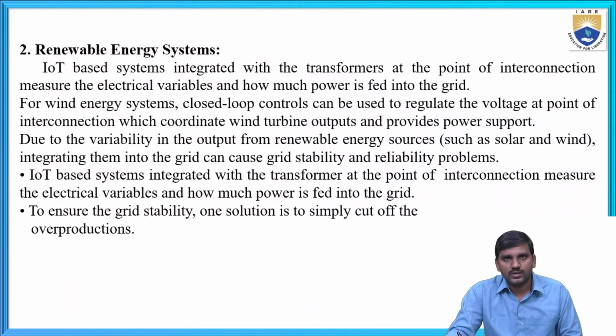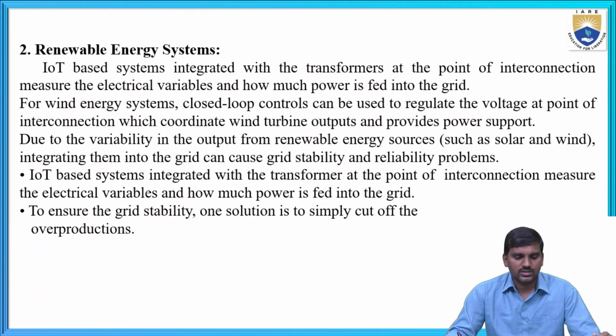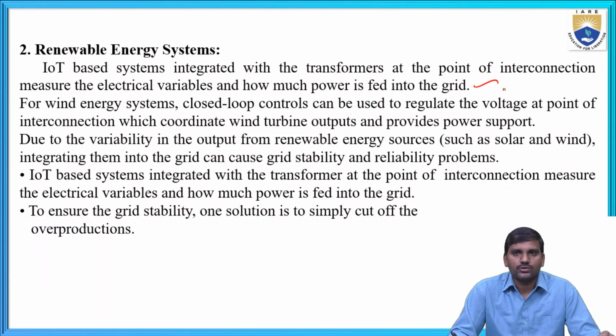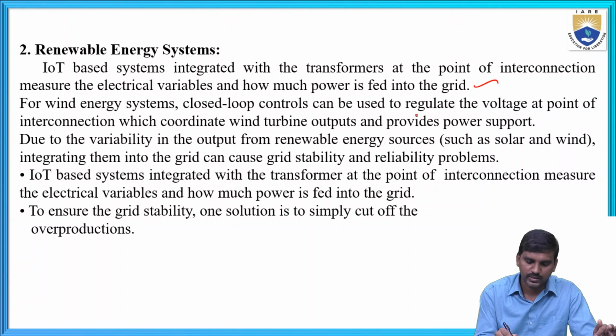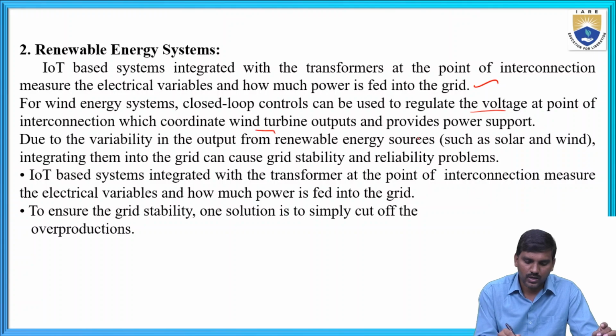The next one under energy is renewable energy systems. IoT-based integration systems are integrated with the transformers at the point of interconnection to measure electrical variables and how much power is fed into the grid. This is the first point. For wind energy systems, closed-loop controls can be used to regulate the voltage at the point of interconnection, which coordinates wind turbine output.